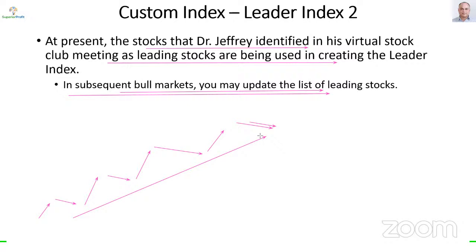Again, the leader index is not used to time entry in the leading stocks. By definition, they are extended because they have already displayed this move, bottom left to top right. They are already extended.